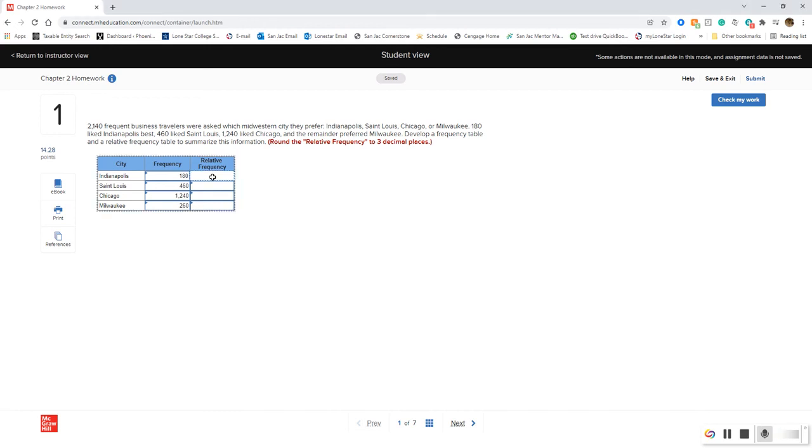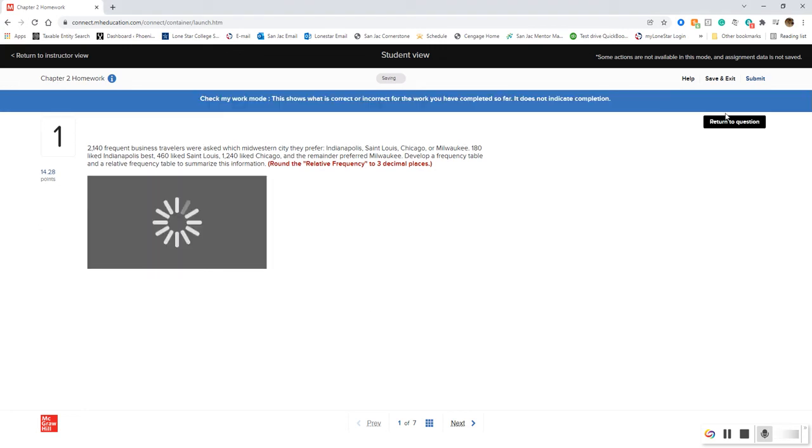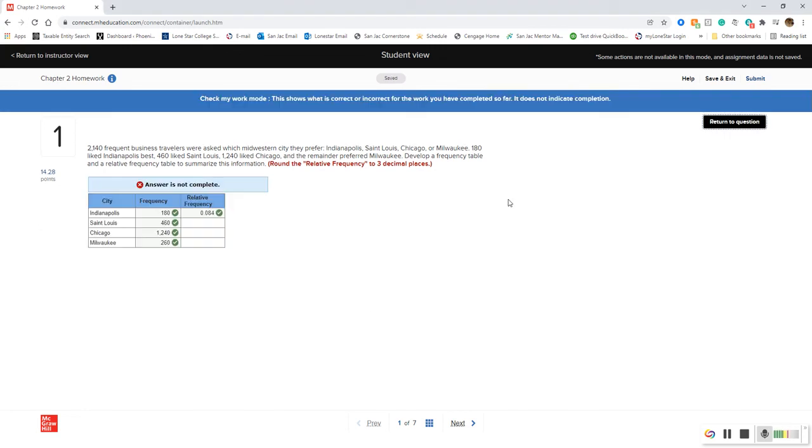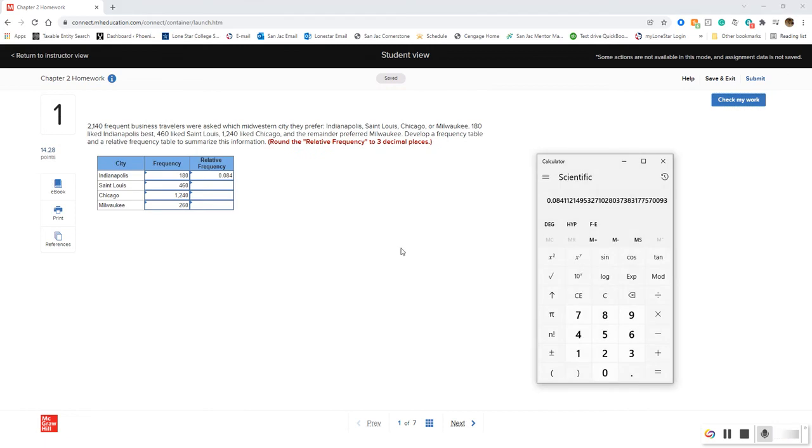So this is going to be 0.084, since the next digit is 1. Again, let's check to make sure how they would like it. And that's it. So all you have to do with this problem is do the same. So let's go ahead and finish it off.